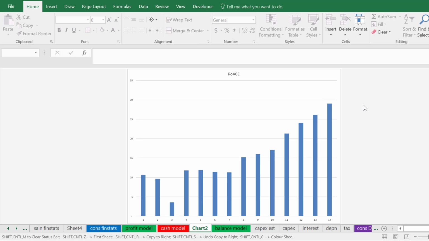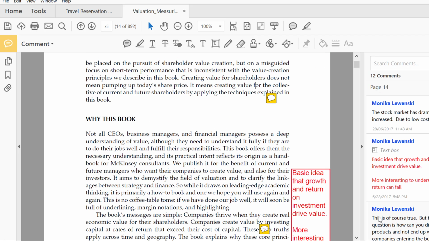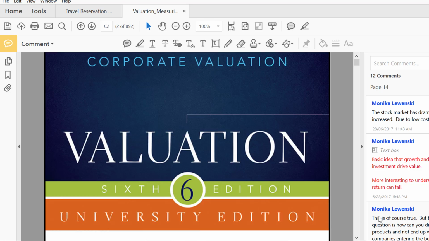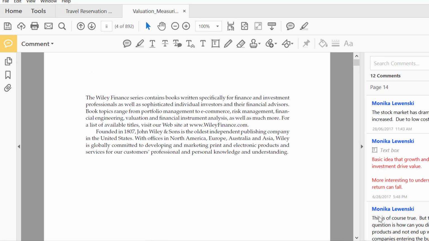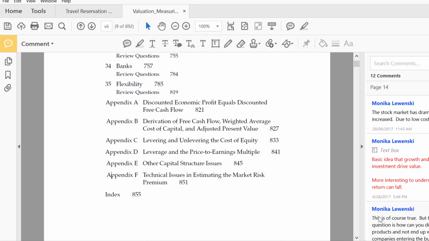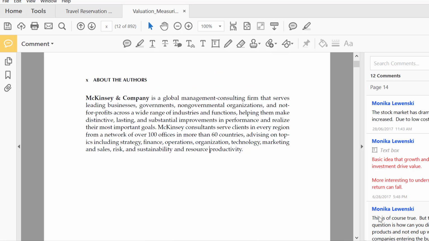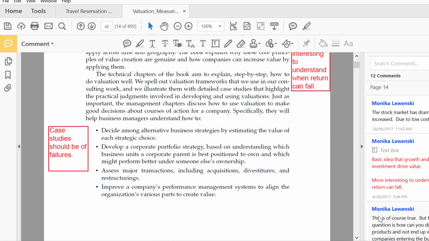Okay, aha. Now if you read this book that is such a famous book, and look at all my comments in here. This is Valuation: Measuring. I call this the McKinsey book. I went through, and in each chapter I said why I have a comment. It's, of course, a very good book.